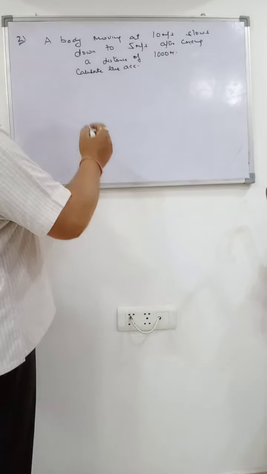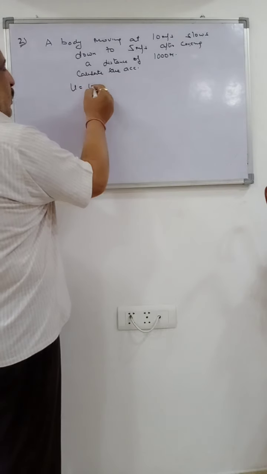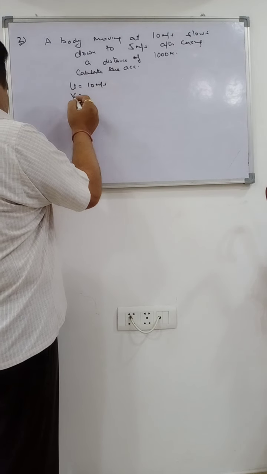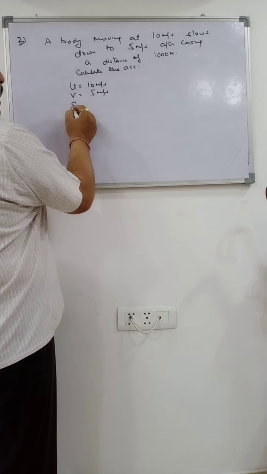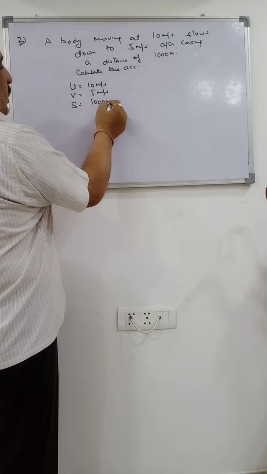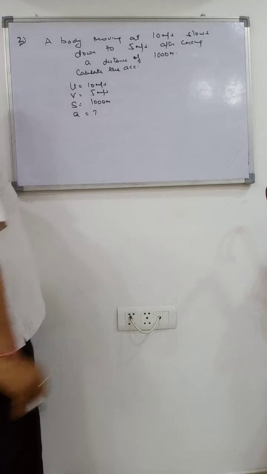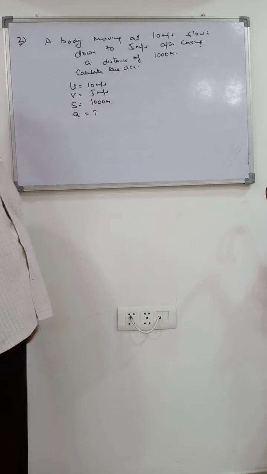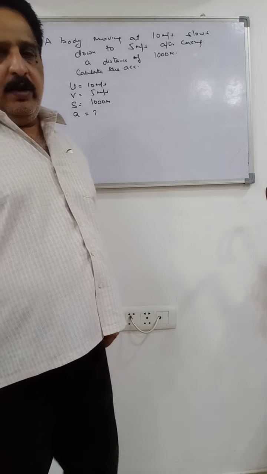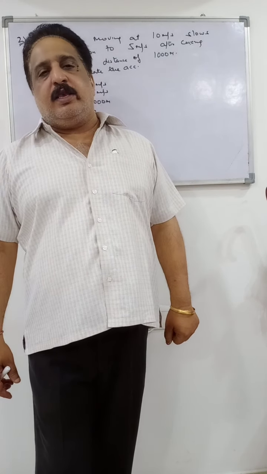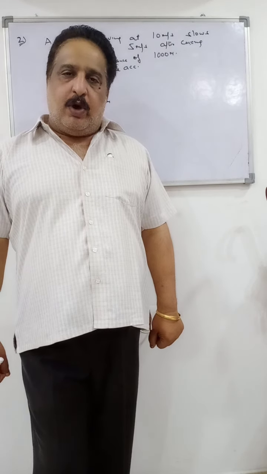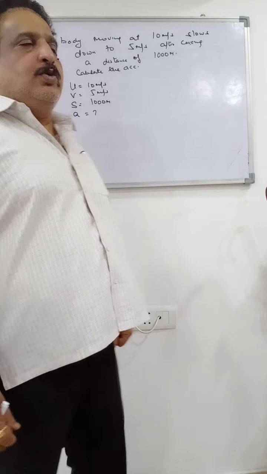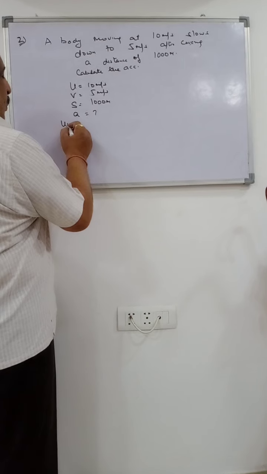So what is given to you? Initial velocity u is 10 meter per second, v is 5 meter per second, s is 1000 meters. You have to calculate a. So what is the relation between v, u, a and s? The relation is v square is equal to u square plus 2as, the third equation.